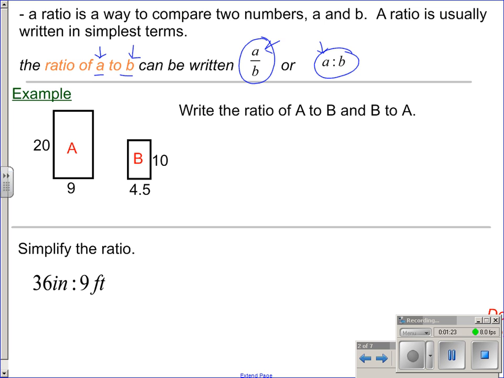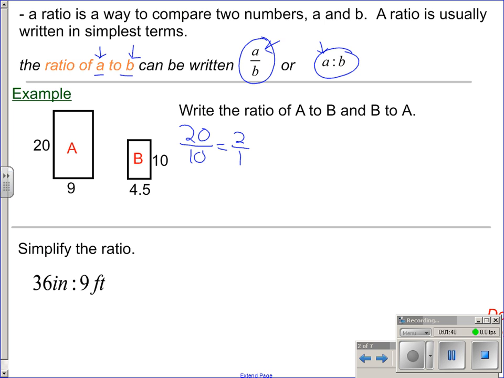So, in this example, write the ratio of A to B. Now, we're not talking about areas here, it's just that the name of the first rectangle is A, the name of the second rectangle is B. If we look at these two rectangles and their heights from A to B, I'm going to put the height of 20 over the height of B, which is 10, and put it in simplest form, that's 2 over 1.